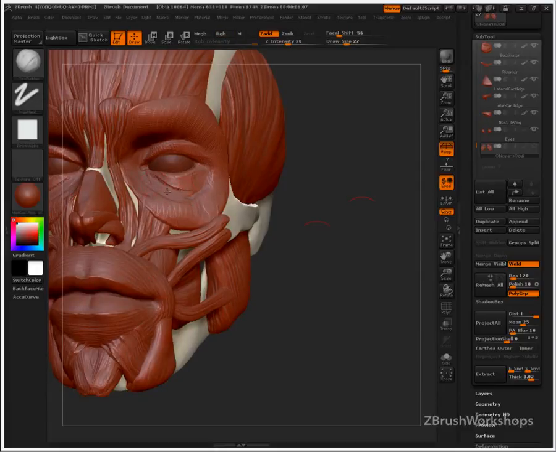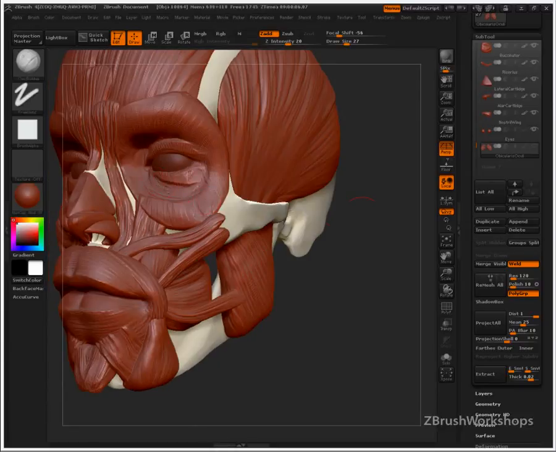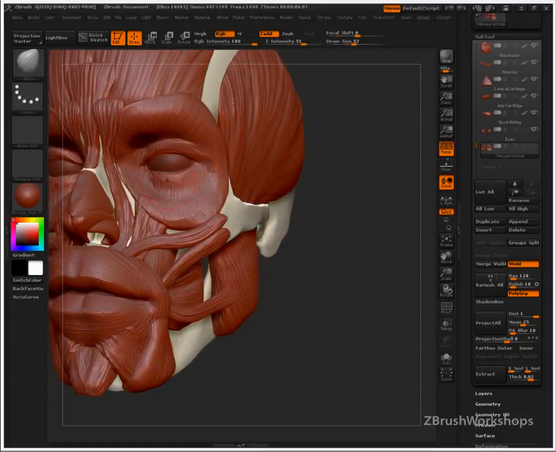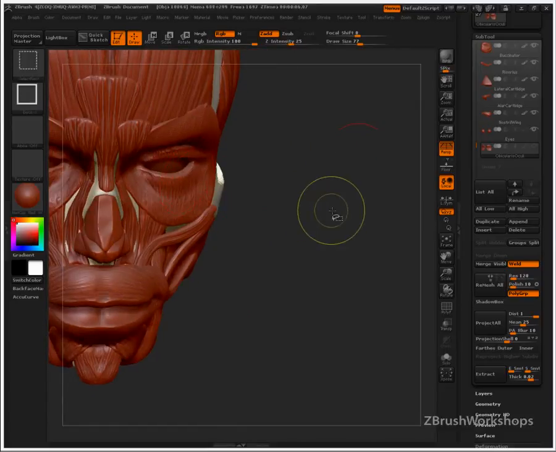I'm going to dig that lower eyelid in to make it really conform to that eyeball, and a 3/4 view is immensely helpful at this point. Make sure you give that eyeball or the muscle itself enough thickness.